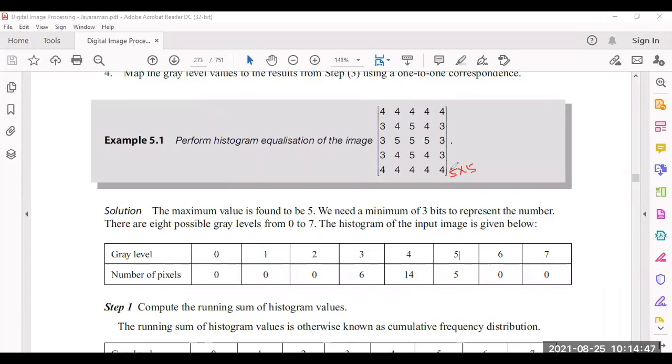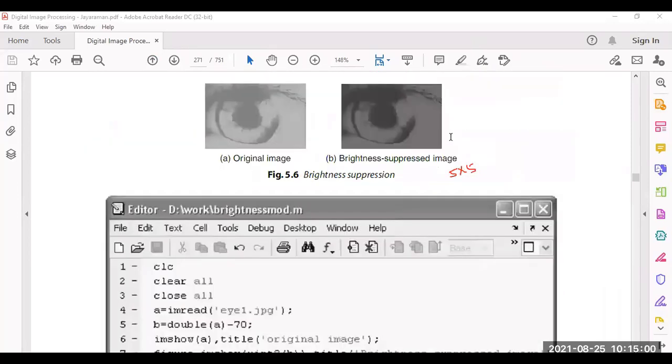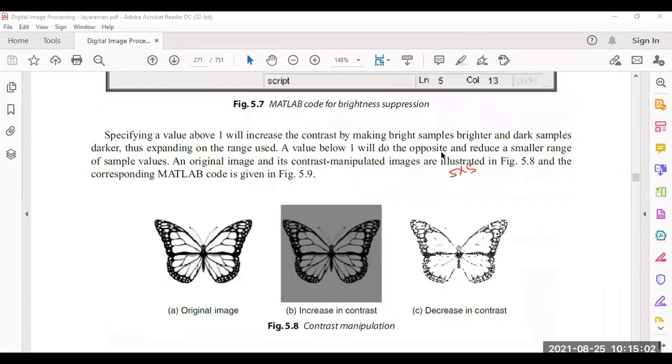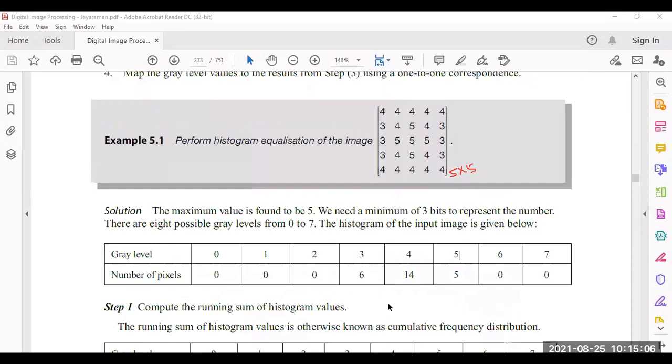So first of all, let me draw the histogram for this one.